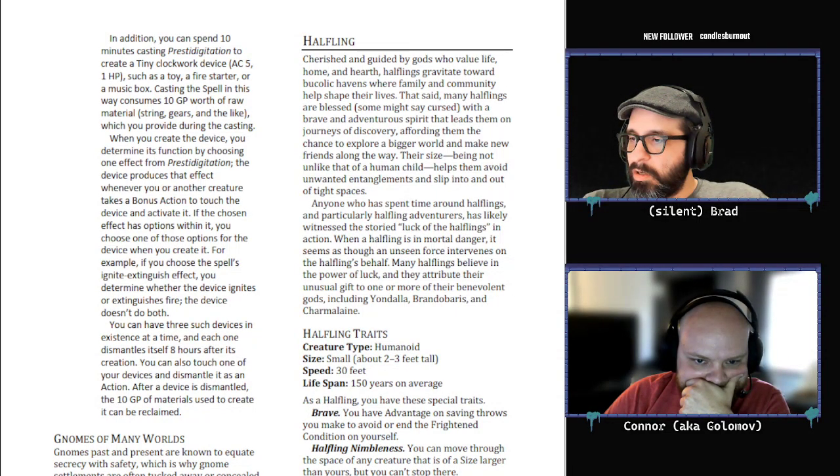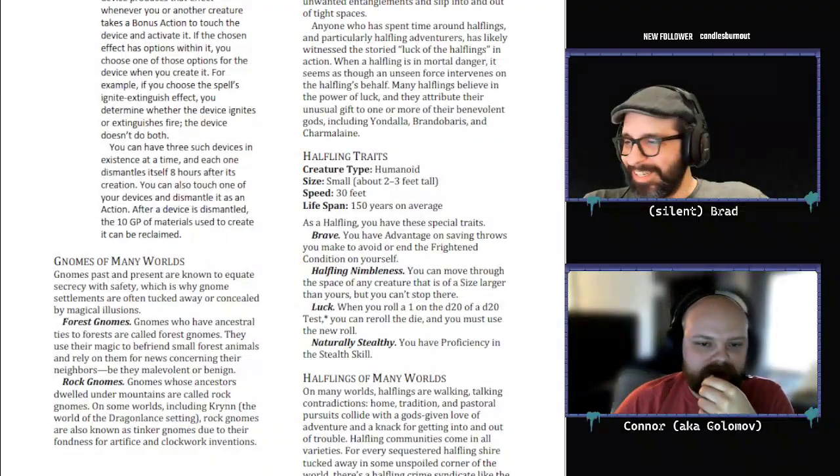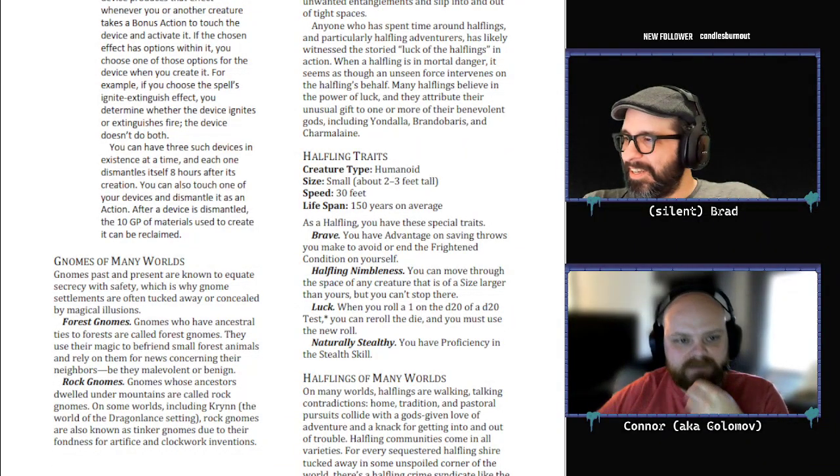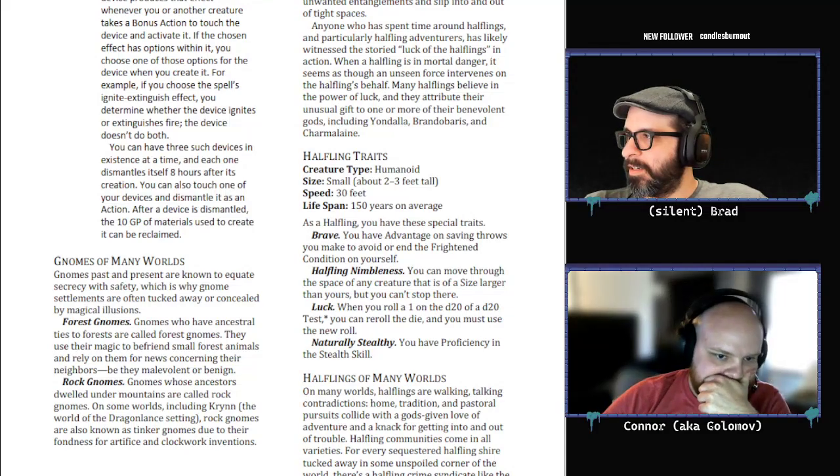Gnome settlements concealed. What's that? Nothing, I'm just reading what the actual thing says. Oh yeah, clockwork toy, fire starter, and music box.